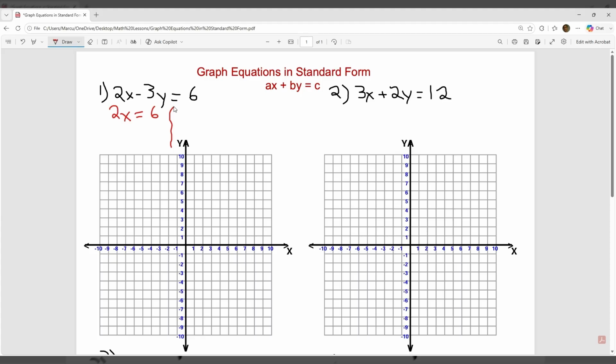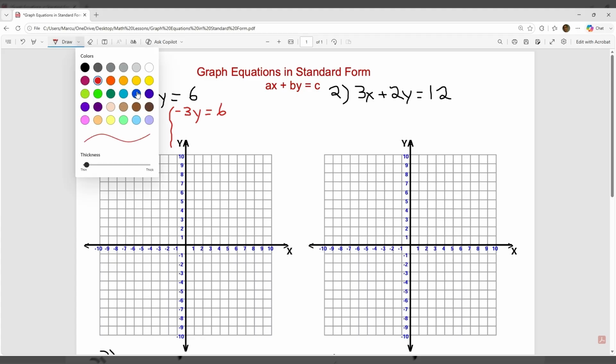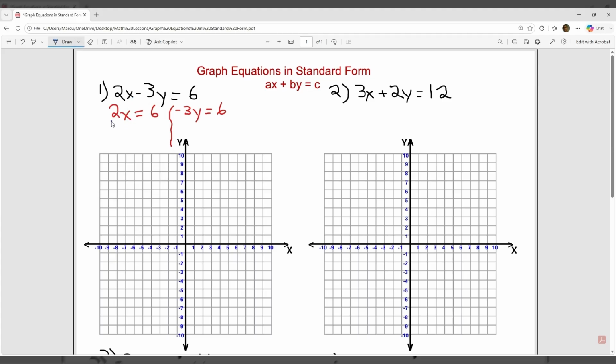On the other side, you can set the x equal to 0, so negative 3y equals 6. To get x by itself, all you're going to do is divide both sides by 2. And for the y, you have to divide both sides by negative 3.